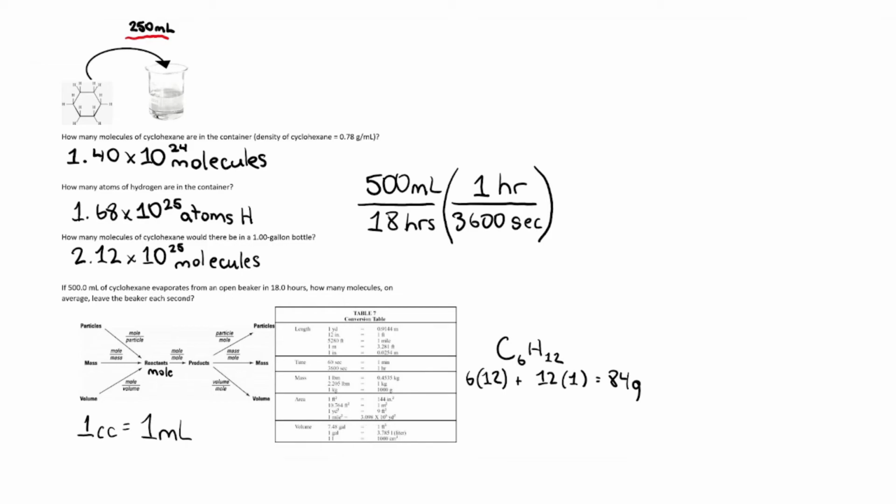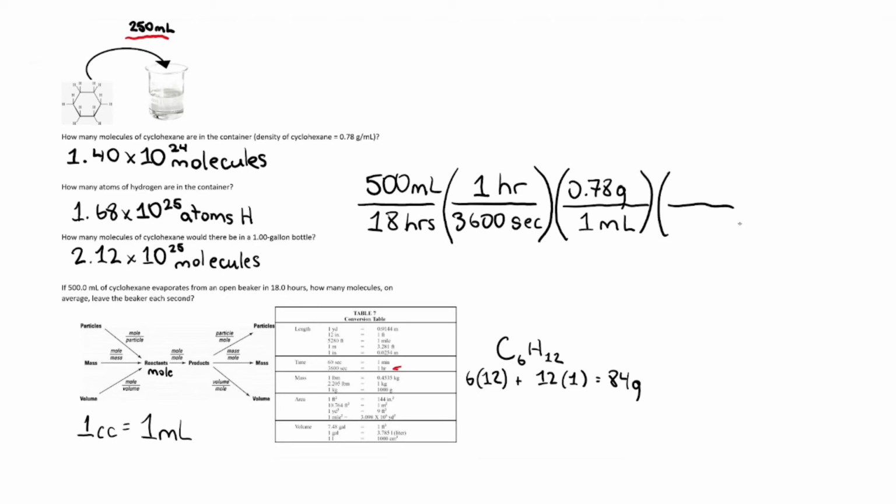And we can find that on our chart down here. So now we're in seconds. Now we need to go from milliliters to molecules. So for every 1 milliliter, we are using the density again. We get 0.78 grams of cyclohexane.